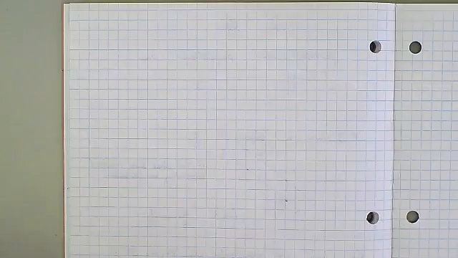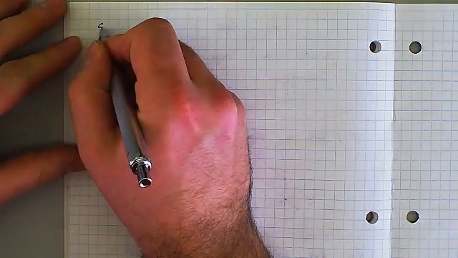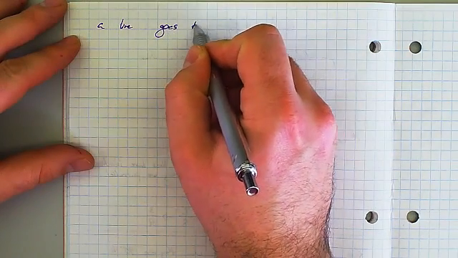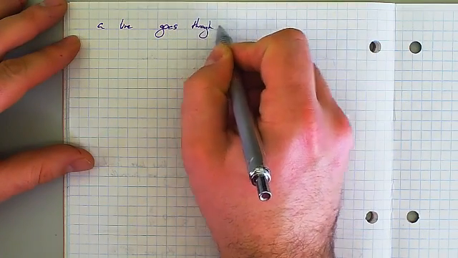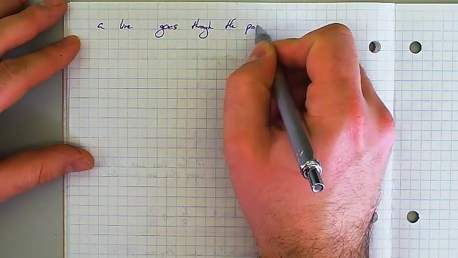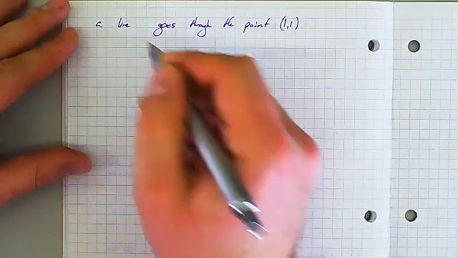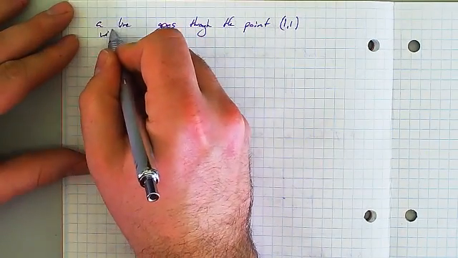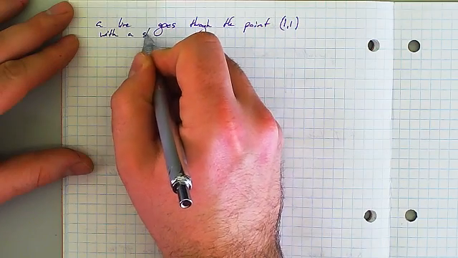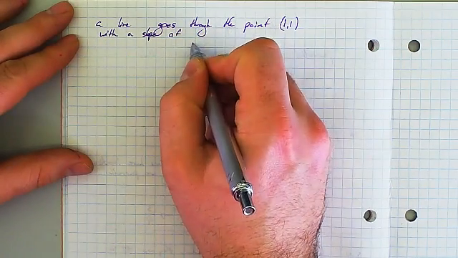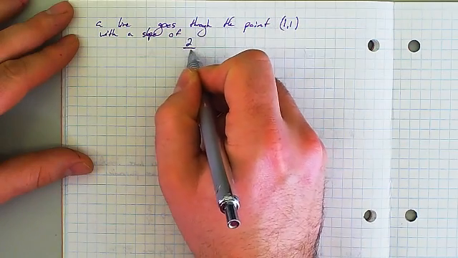You're going to have a line. It goes through the point, we'll make it easy, 1 and 1. Okay? This line has a slope of 2 over 5.